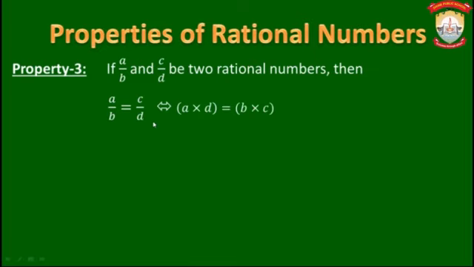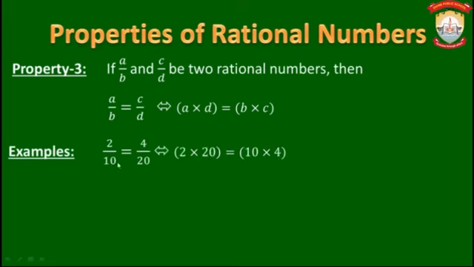This means that if we have a pair of equivalent rational numbers, then the product of the numerator of the first rational number and the denominator of the second is the same as the product of the numerator of the second rational number and the denominator of the first. It is also called cross multiplication. For example, 2/10 and 4/20 are both equivalent rational numbers. If we cross multiply the numerator and denominator, we will get the same result, that is 40.